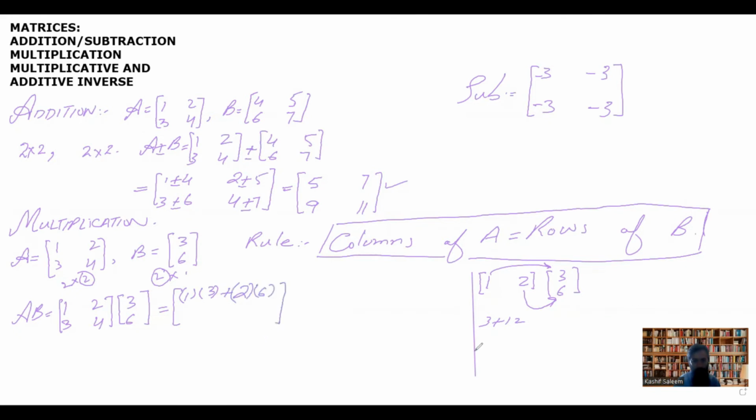And the second row, what is the second row? This is 3 and 4, and the first column, that is 3 and 6. So if you multiply 3 by 3, which is equal to 9, here comes 3 multiplied by 3, plus 4 multiplied by 6.